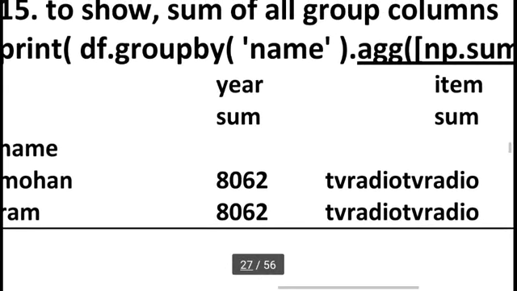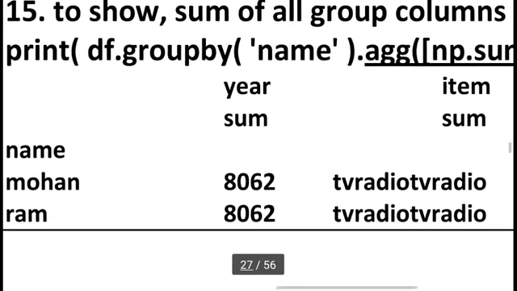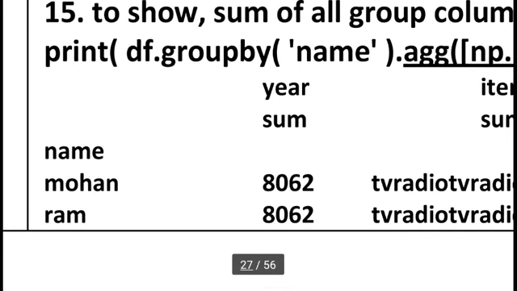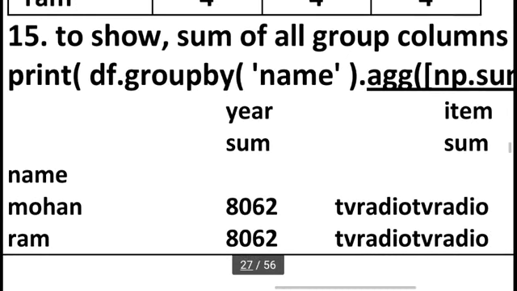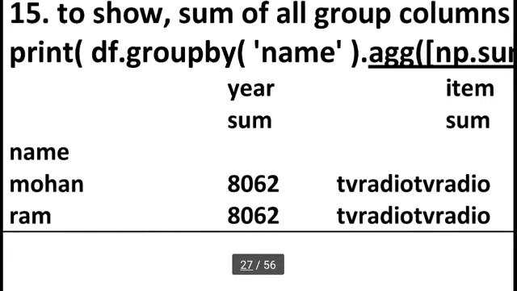You can see year, 8062 and 8062, because we have 2015 and 16. So all the rows of 2015 and 16 for Mohan will be added, and likewise for Ram, so the output is 8062, 8062.